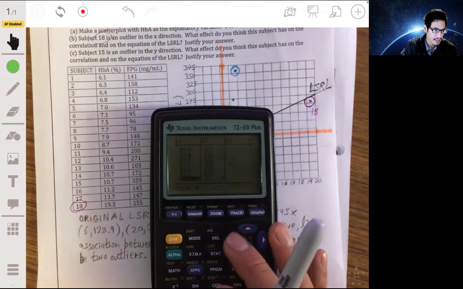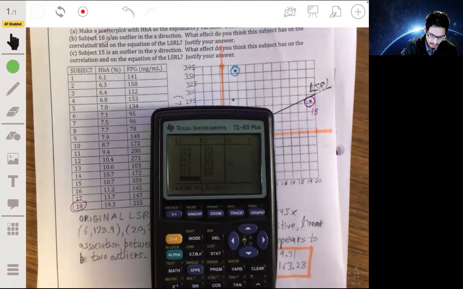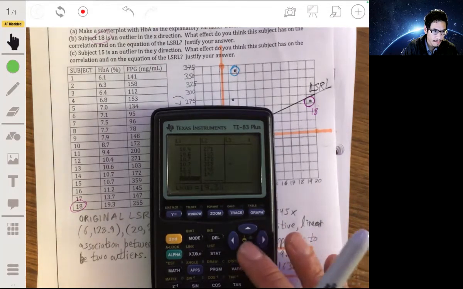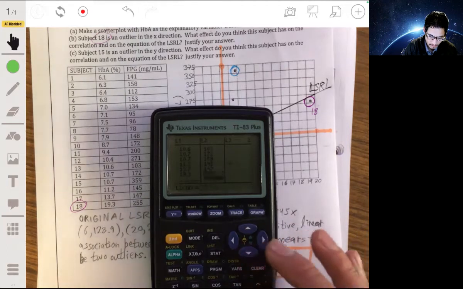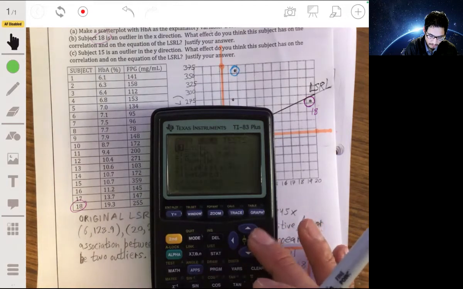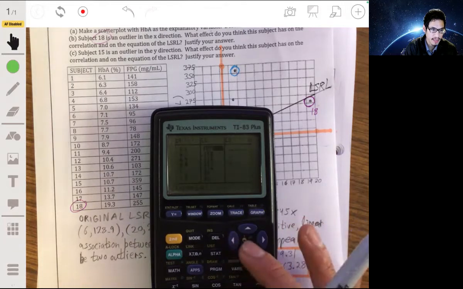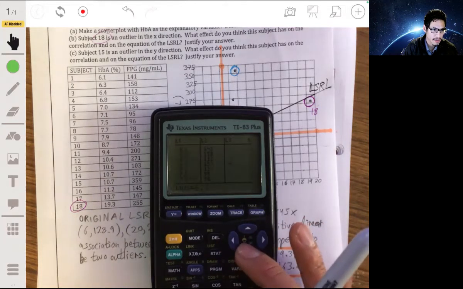Let's first add 0.18. That's 19.3. 255 over there. Oops, and that's back in there, but now we're going to go up and delete subject 15.